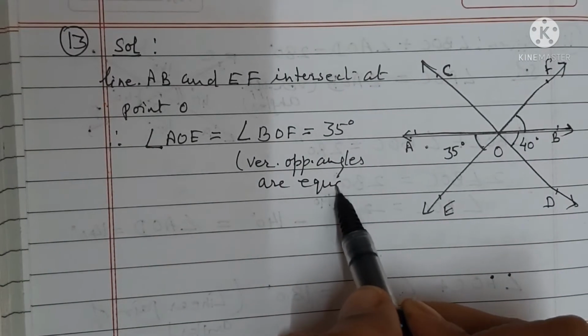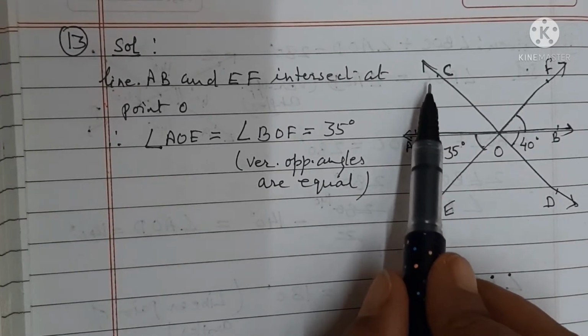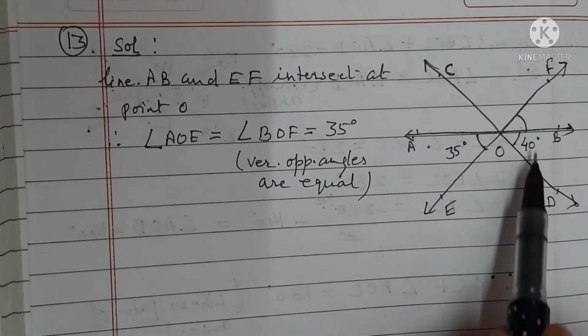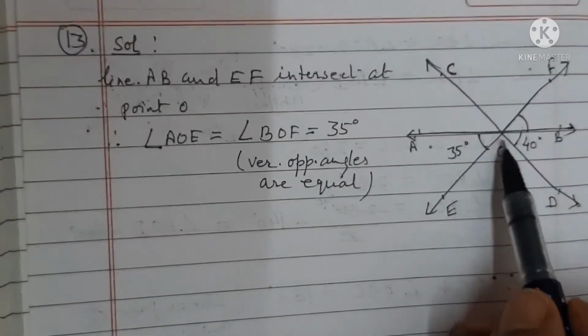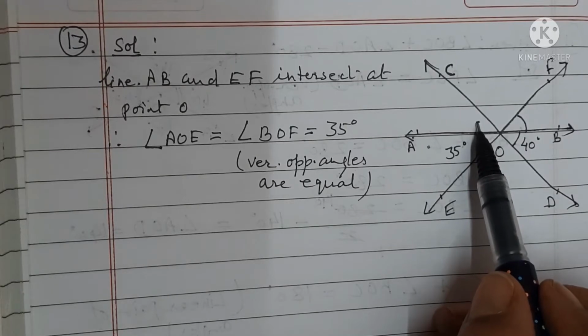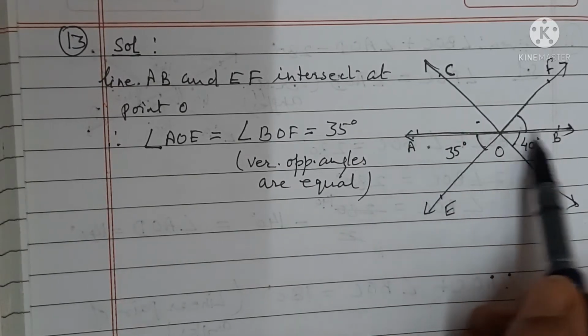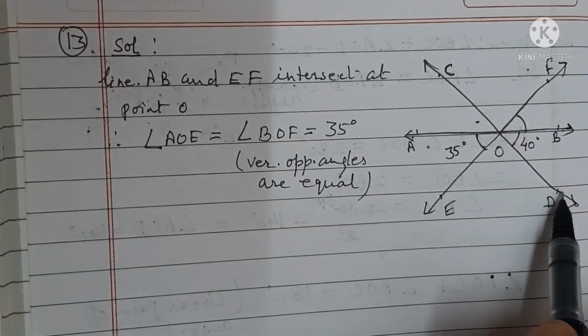And similarly for the line CD, and for this 40 degree and here also 40 degree. So how is it formed? It is formed by these two lines AB and CD intersecting.